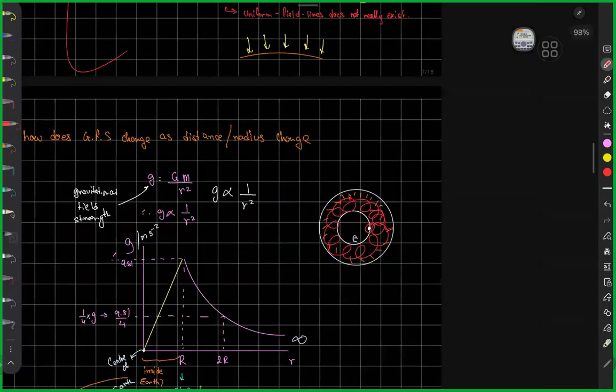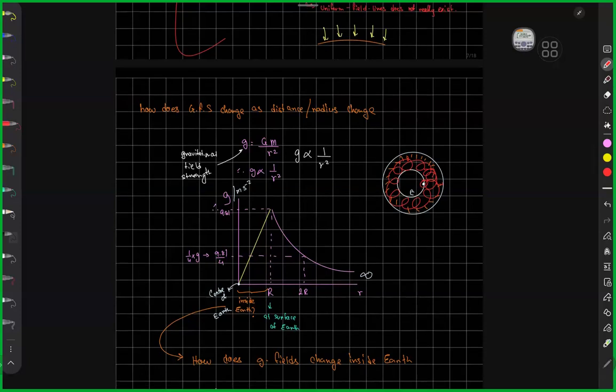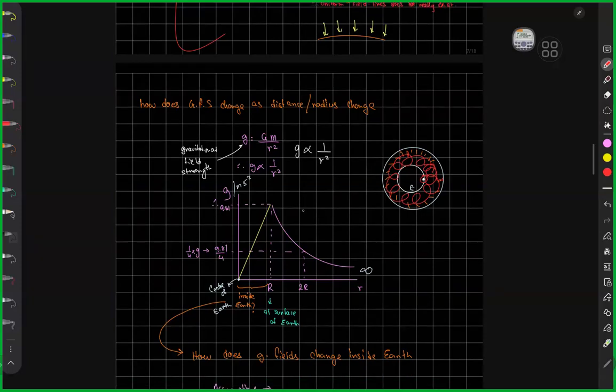So as you move away from Earth, from the surface till infinity, force also decreases. And as you go inside Earth, force also decreases, in both directions. As you tread, force will keep decreasing. That is the conclusion. But as you move away from Earth till infinity, the force decreases as the inverse square law.